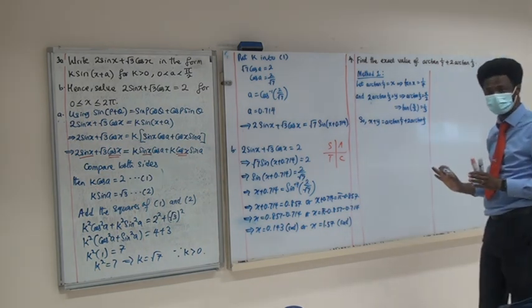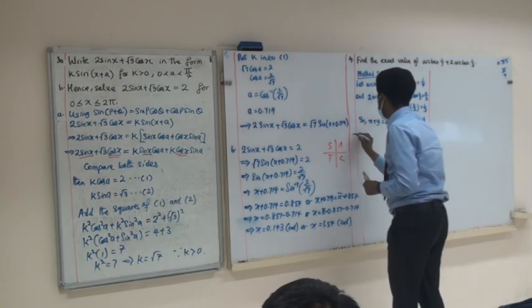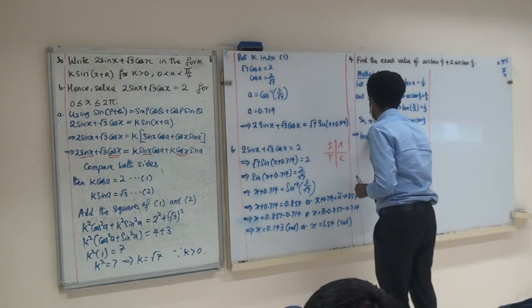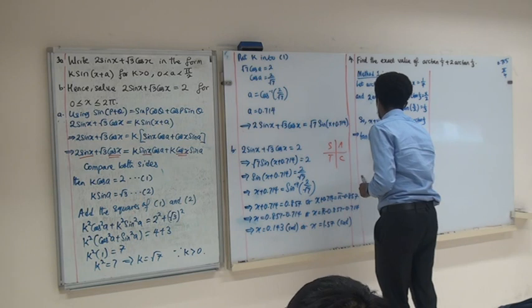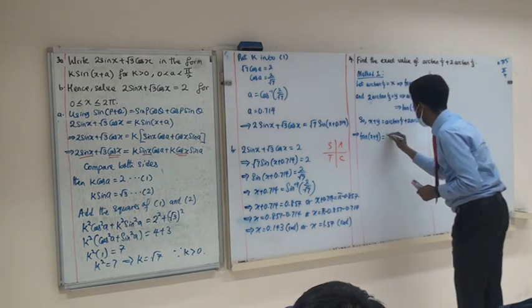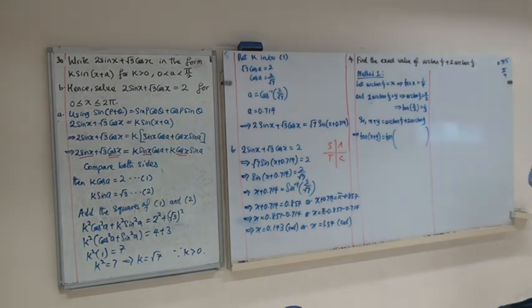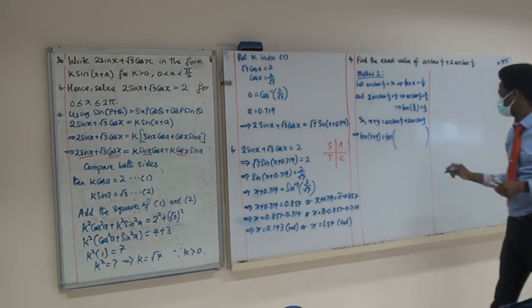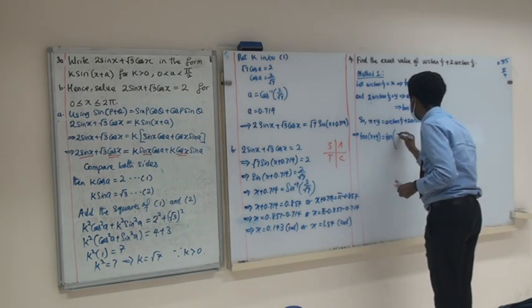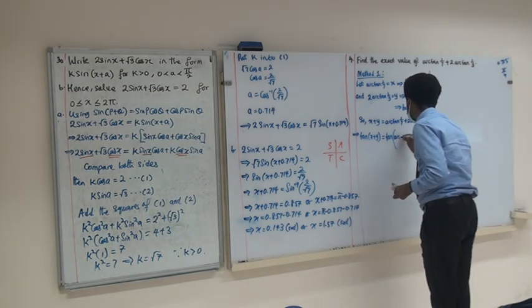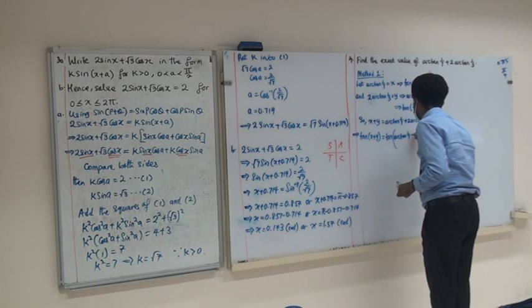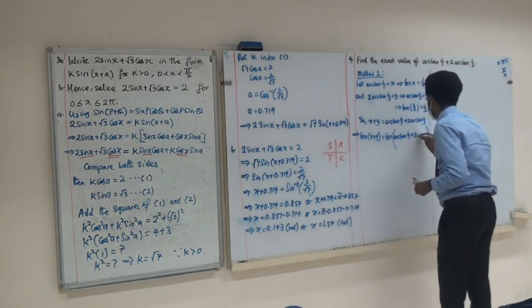That's what we are trying to find. Let's apply tan to both sides. Tan of (x plus y) will be tan of this sum: tan of (arctan 1 over 7 plus 2 arctan 1 over 3).